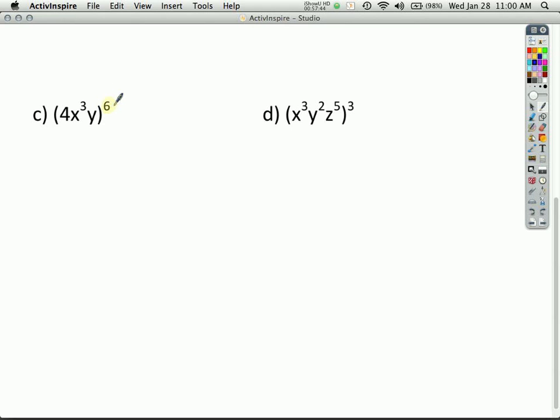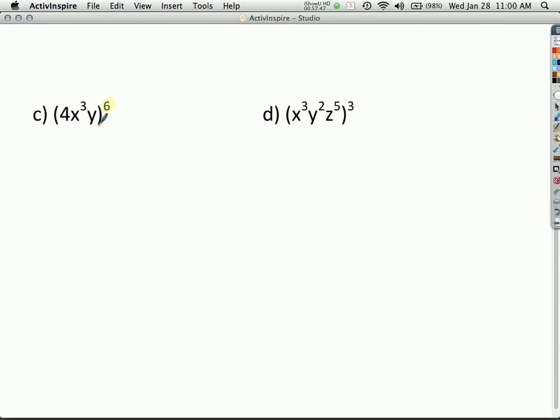And so this exponent is getting applied to this whole thing. But think about what technique I taught you to do. You should not have written this down like this. You should have written this: 4 times x to the 3rd times y to the 6th power. And here's why.